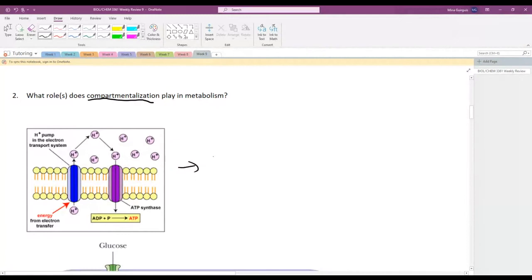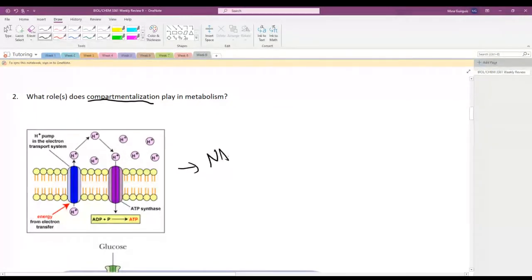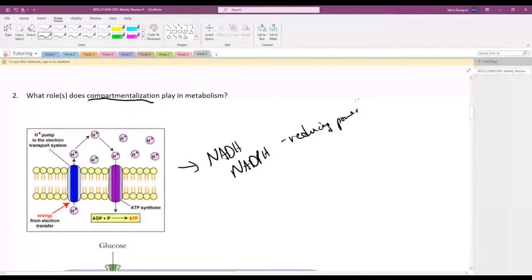A lot of times we call things like NADH and NADPH reducing power. What does that mean? How is it reducing power? And the reason is, when these guys get oxidized, they release protons and electrons, I should say.